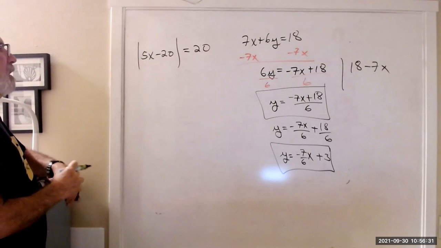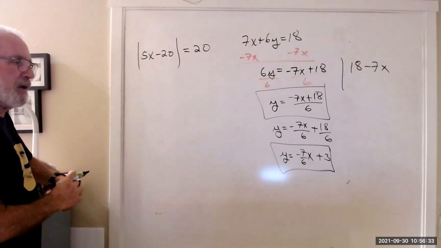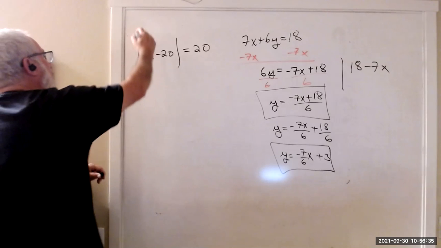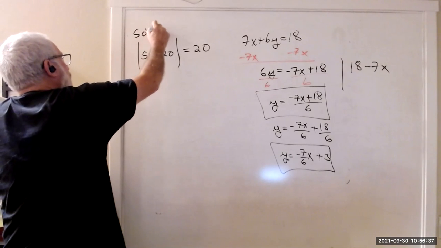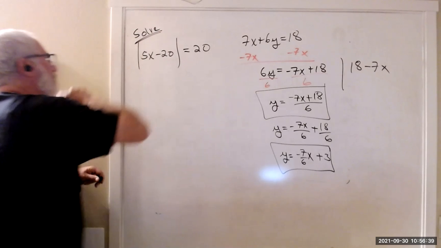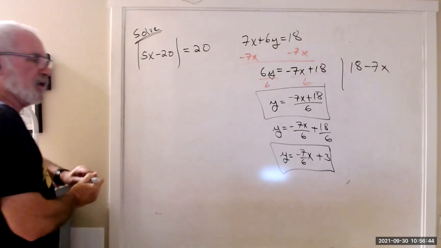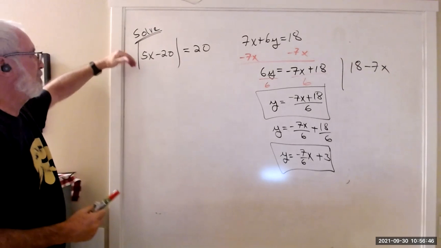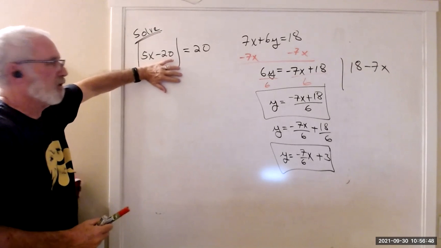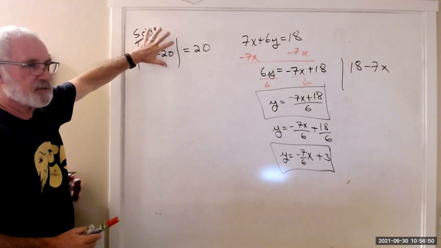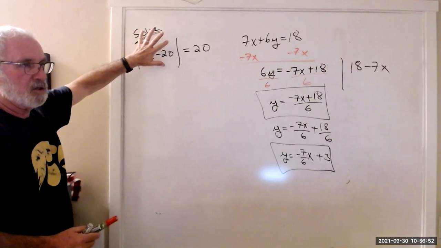In an absolute value problem, what we're actually doing is solving it. For absolute values, the first step from last night was to get the absolute value alone. Is the absolute value alone? Yes.